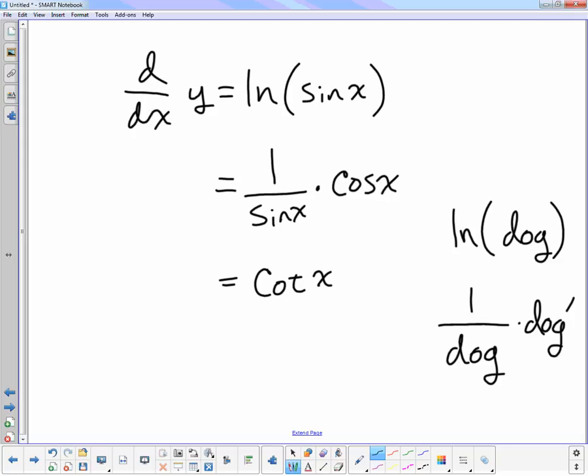Whatever dog is, I don't care what it is, because you deal with the wrapper first on the outside. So you take the derivative of natural log, which is 1 over whatever's inside, and then once you've opened that box, you take the derivative of what's inside. You take the derivative of the outer layer, then the derivative of the inner layer.